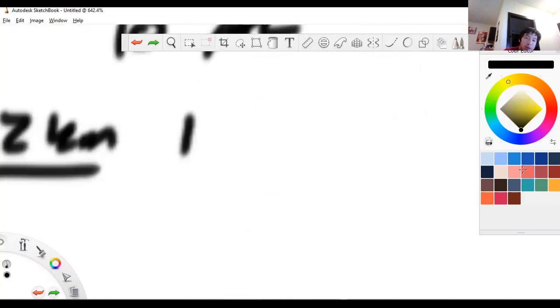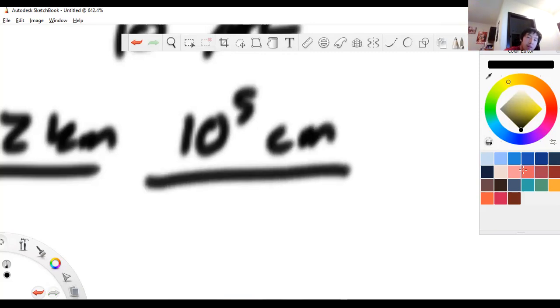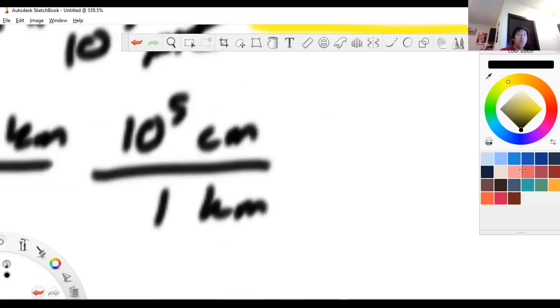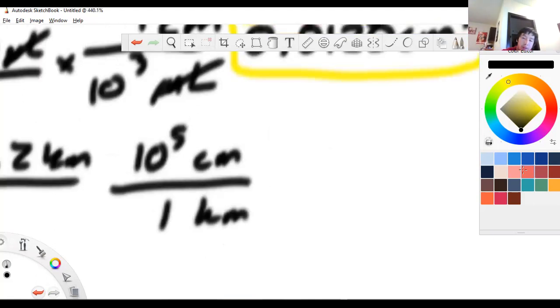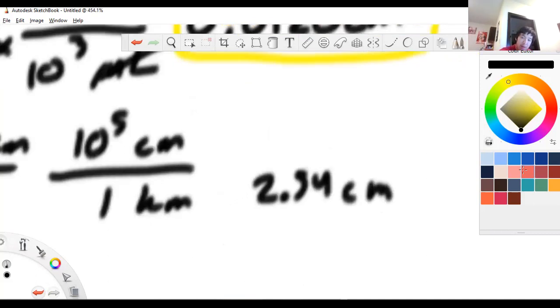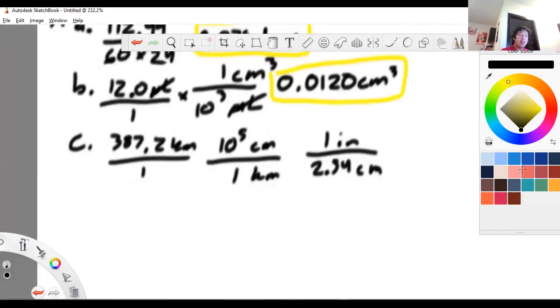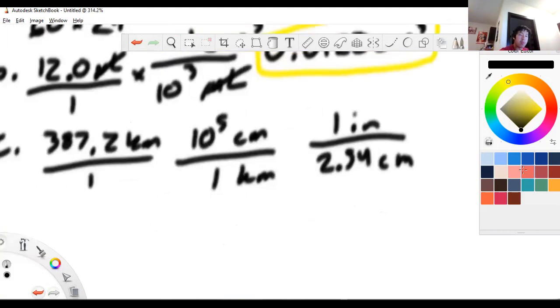Let's do 10 to the 5th centimeters in 1 kilometer. Then 2.54 centimeters in 1 inch. Oh, we have 3 sig figs, 4 sig figs. We're going to 3.